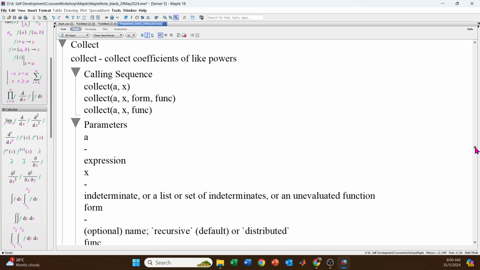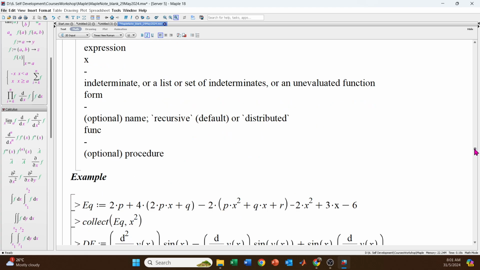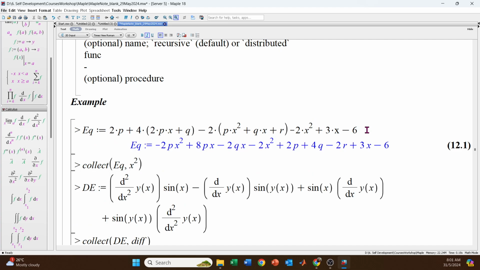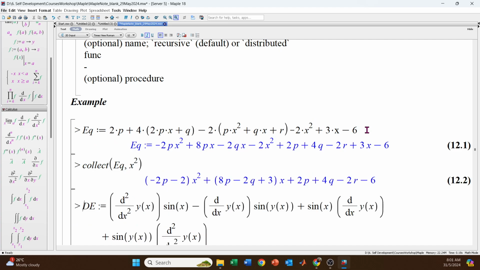Okay, collect actually collects coefficients of like powers. Normally, for example, EQ here, you got (2p plus 4) times x squared plus (2px plus q minus 2) times px squared plus qx plus r minus 2x squared plus 3x minus 6. If I collect EQ for x, it actually does something like sorting.